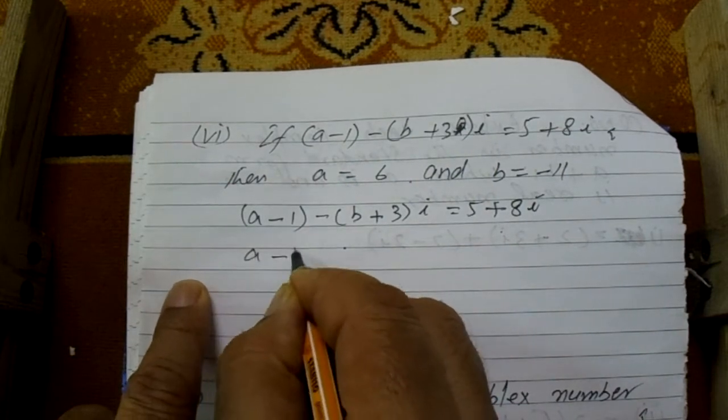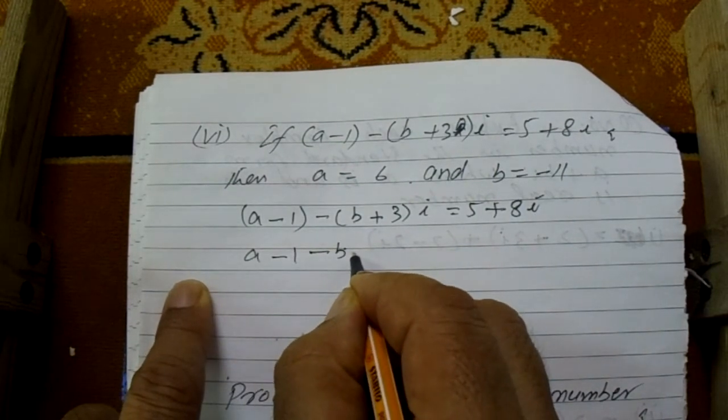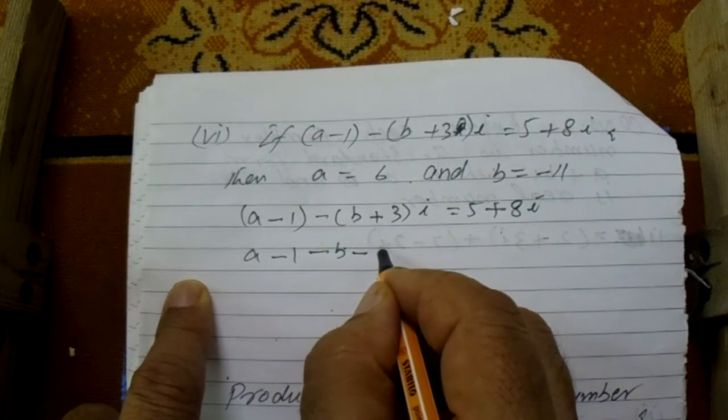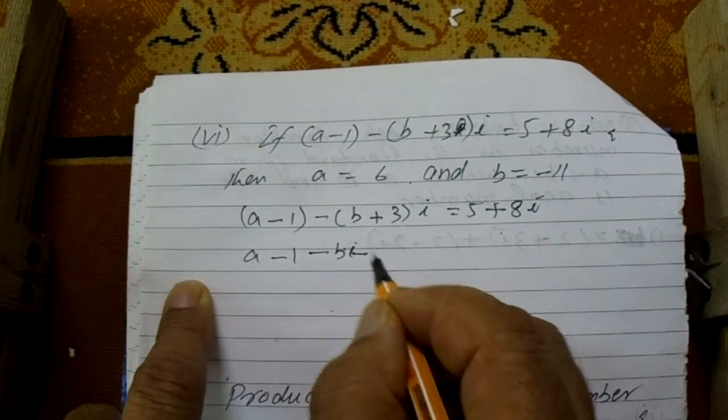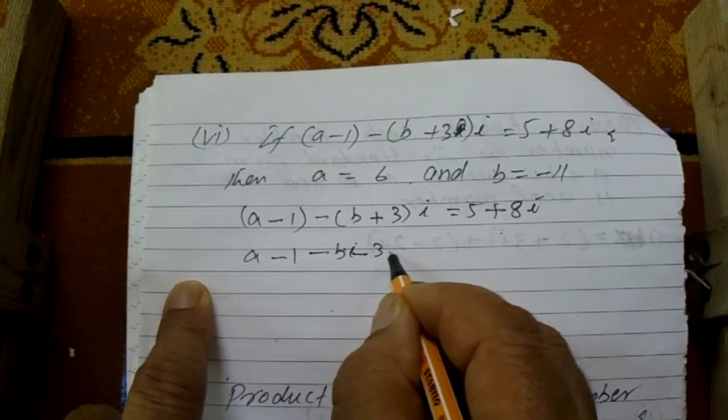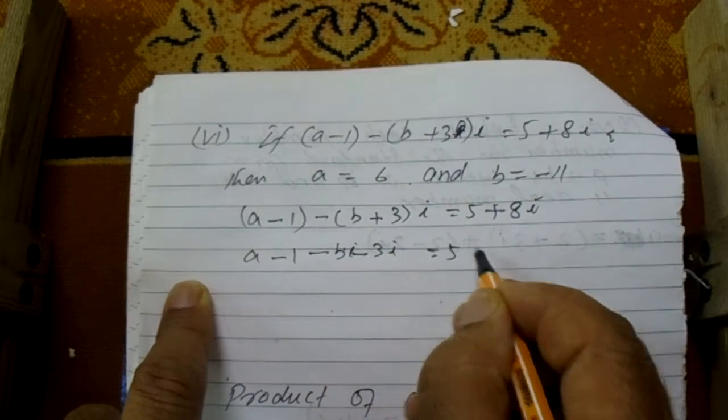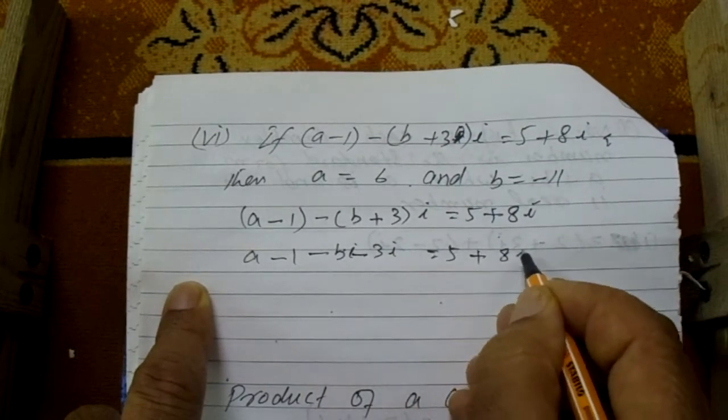a minus 1, now minus b iota minus 3 iota is equal to 5 plus 8 iota. Now a minus 1, and minus b iota and minus 3 iota is equal to 5 plus 8 iota.